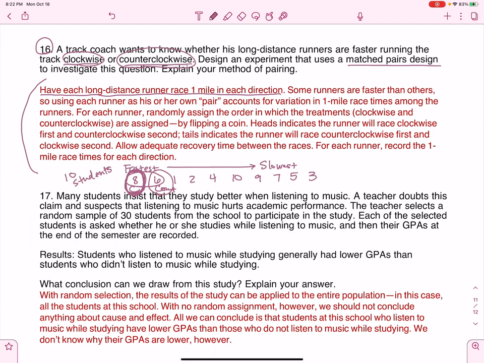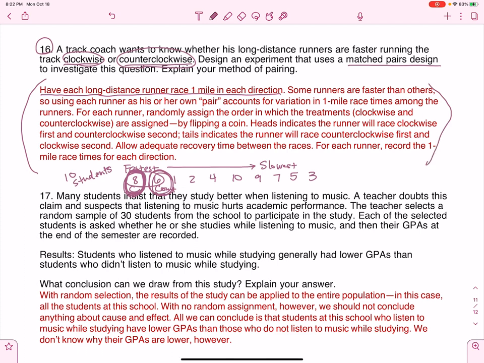Then they'll take a rest, and then they'll go and they'll flip. So 6 will run it clockwise, 8 will run it counterclockwise. They'll switch. Okay, so that's basically what I have written down right here.